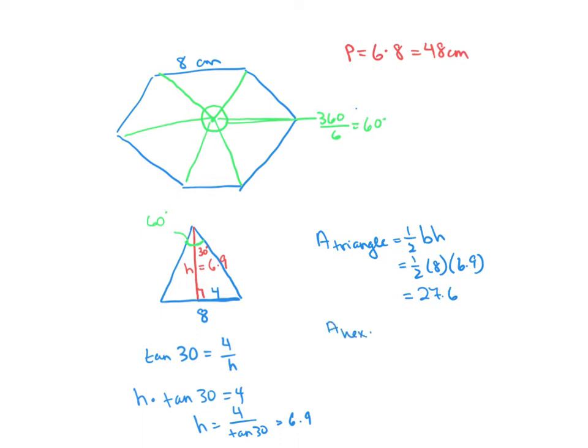Then the area of the hexagon is the triangle times the number of triangles, which is 6. So our final area is 165.6 centimeters squared.